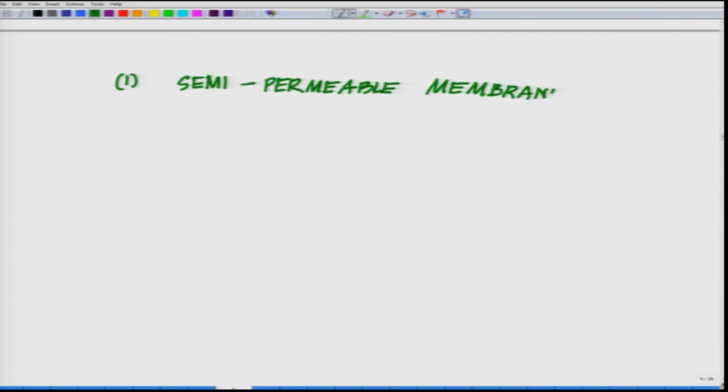It has a semi permeable membrane, and in terms of the semi permeable membrane, I am again drawing the cellular structure.